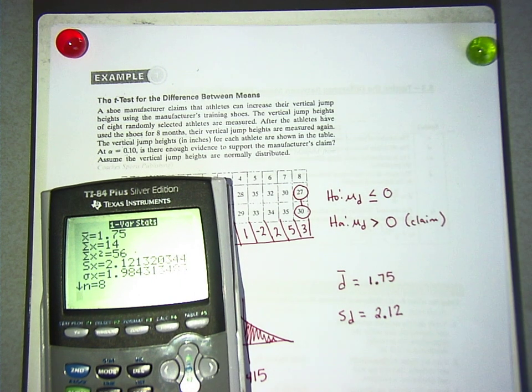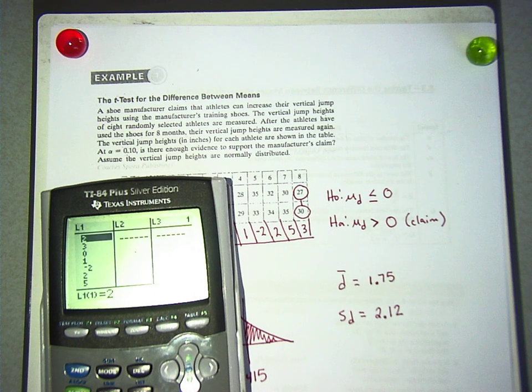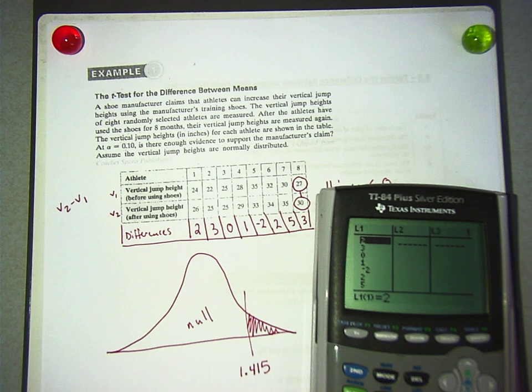No, it's positive. Positive 1.75 and 2.12. You're saying what? Like you got something wrong? Yeah. Did you get S of X 2.12? No, I think I typed something in wrong. I can't figure out what. I'm only doing one example, so we'll wait for you. L1 should be 2, 3, 0, 1. Oh, that's what I messed up. Okay.